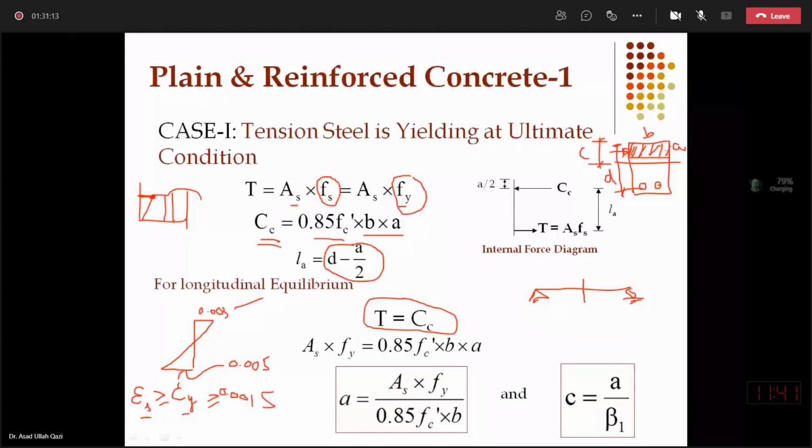So in between CC and T, the distance will be D minus A by 2, which is also shown on the previous slides, internal lever arm.